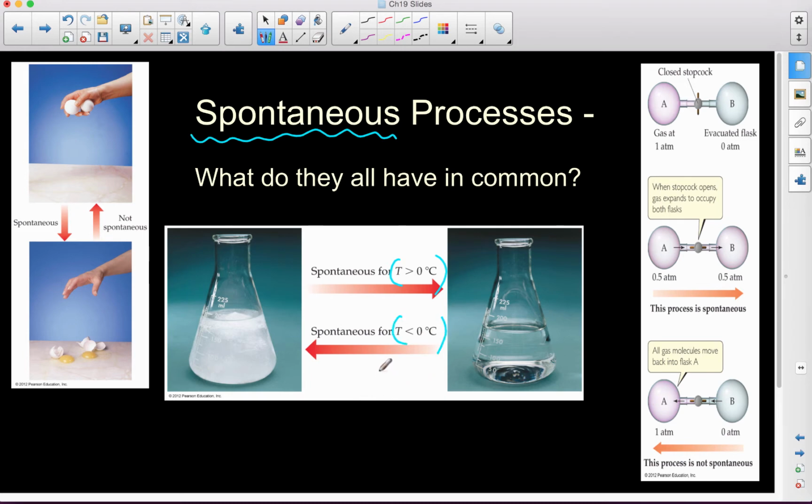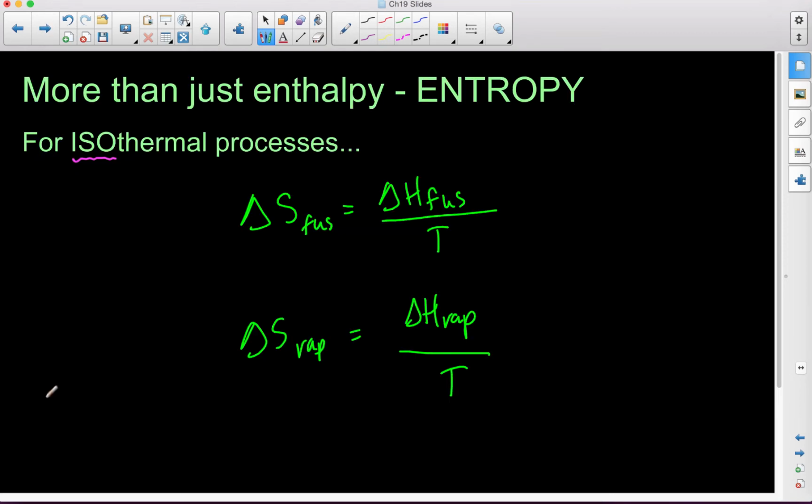So we understand that a lot of things are intuitively spontaneous, like this one and this one. And a lot of things are spontaneous, but they have conditions. They are spontaneous if. They are spontaneous when. Which means that there has to be something else that we're going to tie the concept of spontaneous to. I think it should be obvious what that other thing is, but we'll get there in a minute. All right.